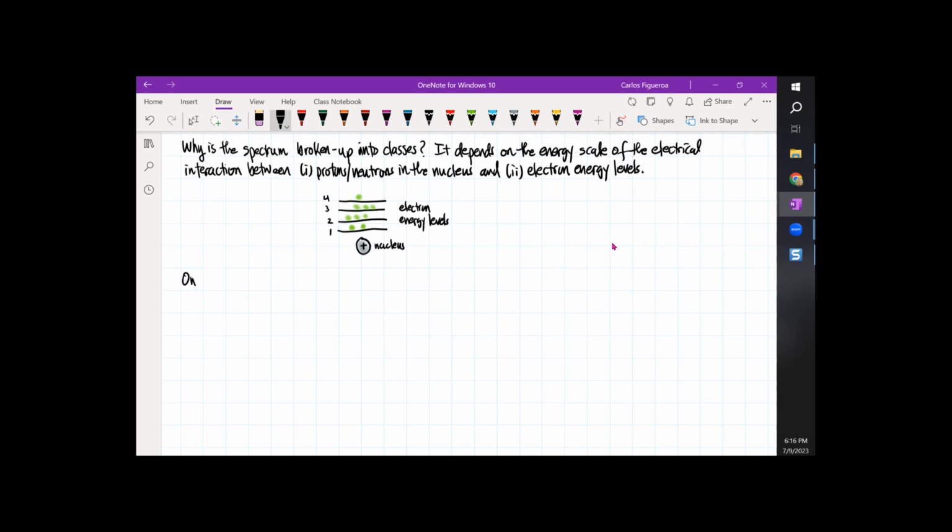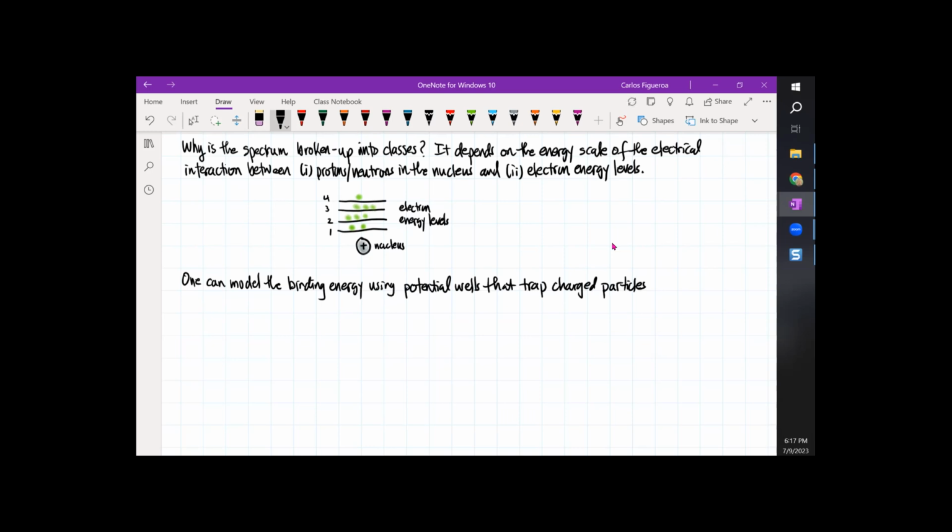So one can model the binding energy using potential wells that trap, in this case, we'll say charged particles.